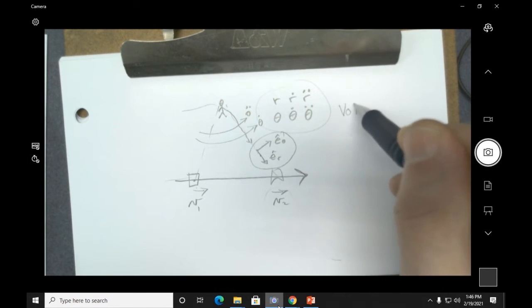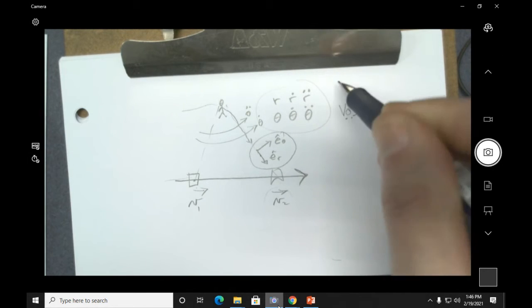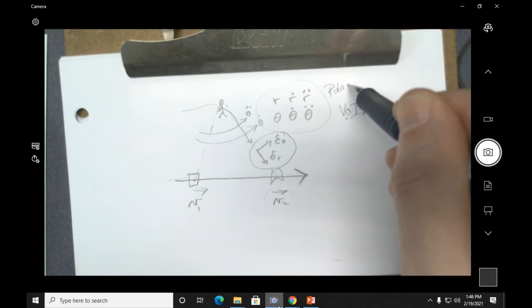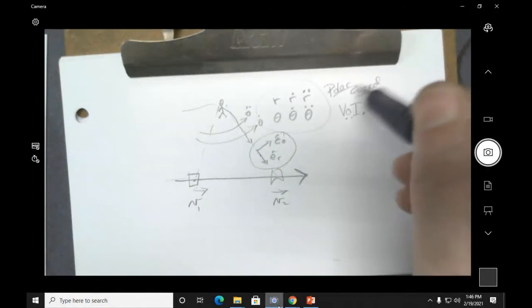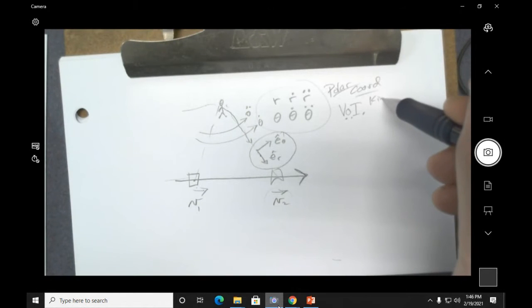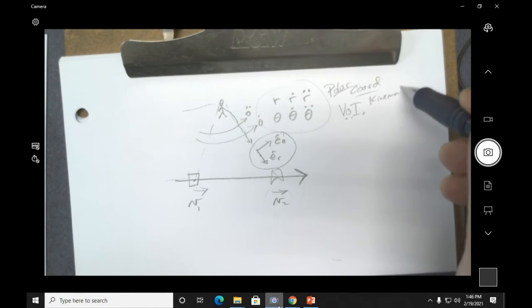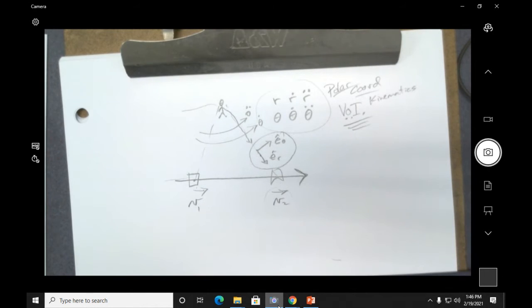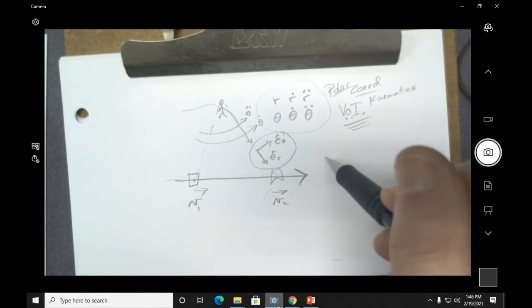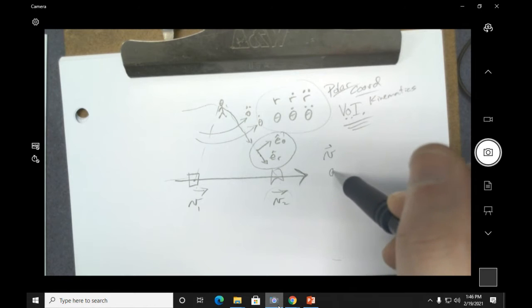So still, the major thing to know for polar coordinates for kinematics is the VOI, the manipulation of those two equations.